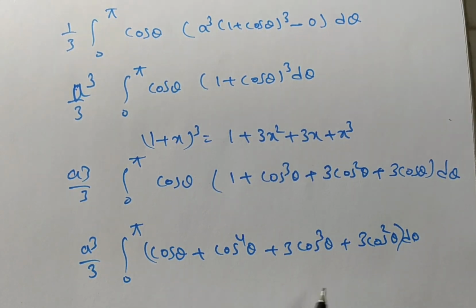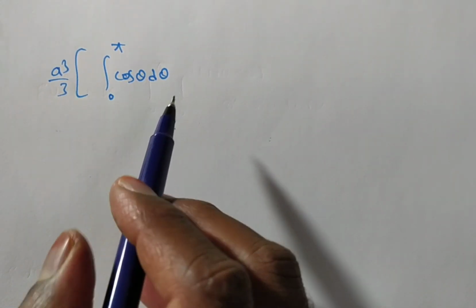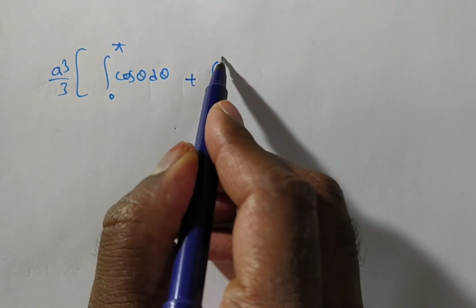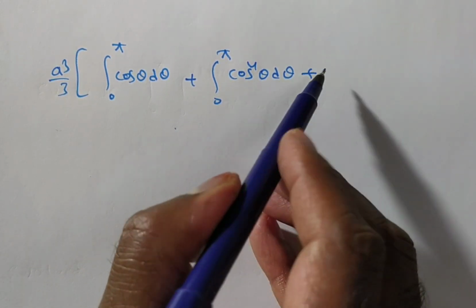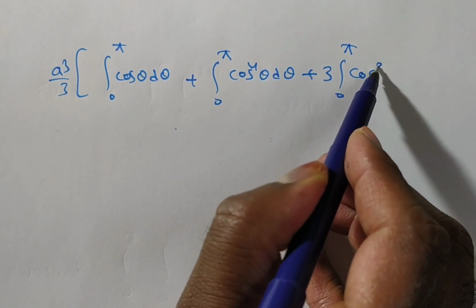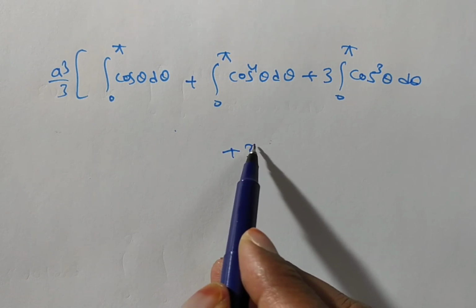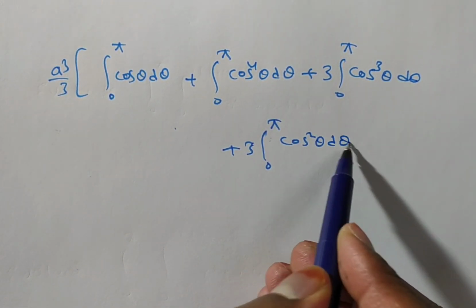First we have to separate all these integrals by the linearity property. We will get a cube by 3 times integral 0 to pi cos theta d theta plus integral 0 to pi cos to the power of 4 theta d theta plus 3 times integral 0 to pi cos cube theta d theta plus 3 times integral 0 to pi cos square theta d theta.